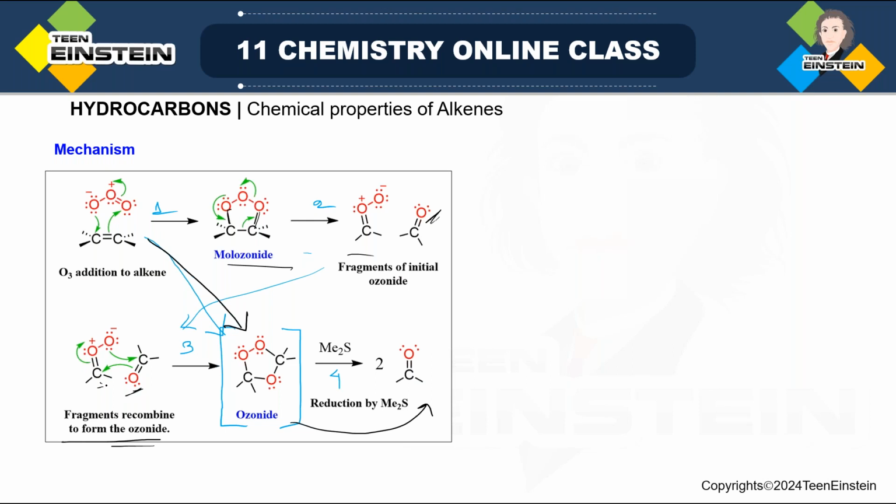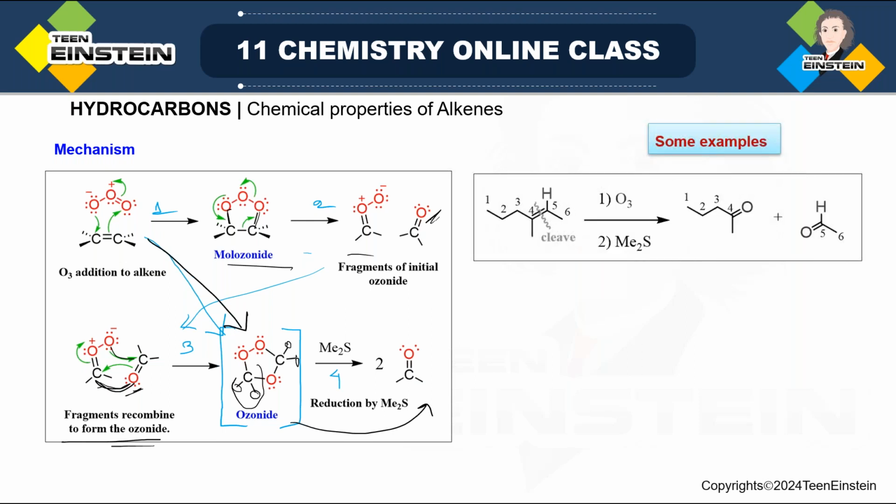So as if this carbon and oxygen are connected, and this oxygen is connected with this, and you get the ozonide. And finally, in the presence of Me2S, we get carbon with 2 substituents, this is the general structure. There may be any substituent. So it is reduction by Me2S or any other reducing agent.